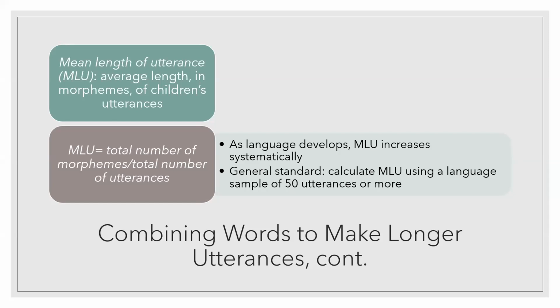So there are different ways you can calculate MLU. You can do it either as the mean length of utterance in number of words, or you can do it as the mean length of utterance in morphemes.